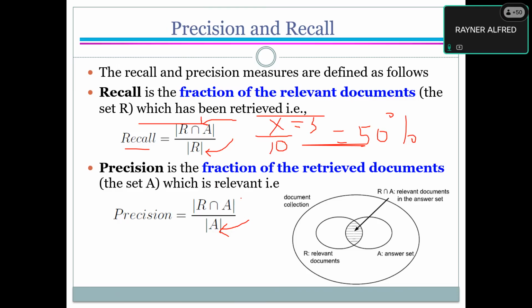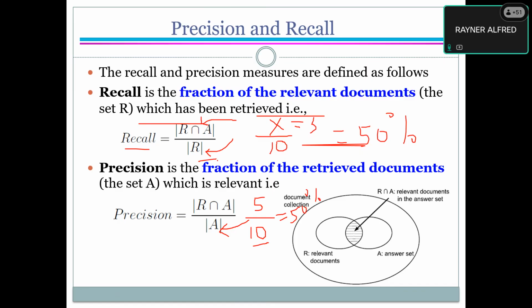So if you have 10 documents that are returned to you, and only 5 of them are relevant, so we say that our precision is 50%. Okay, so this is the size of your returned documents or answer, and this is the size of the relevant documents. So those are the differences between recall and precision.